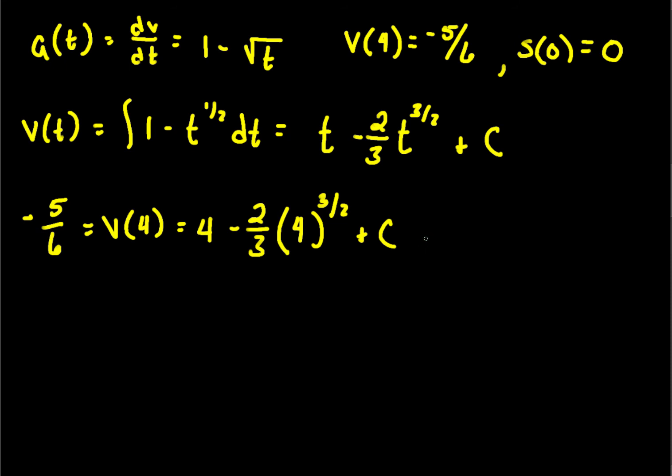What this simplifies down to is that this is equal to negative 4/3 plus a constant, which tells me that the constant has to be 4/3 minus 5/6, which is equal to 1/2.